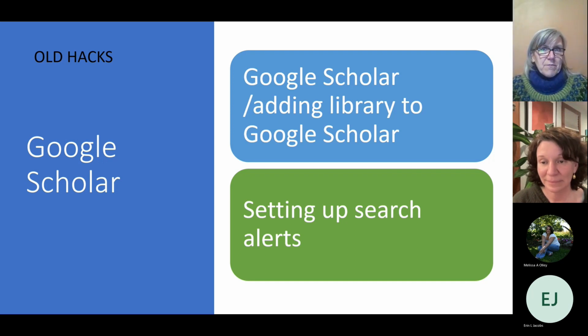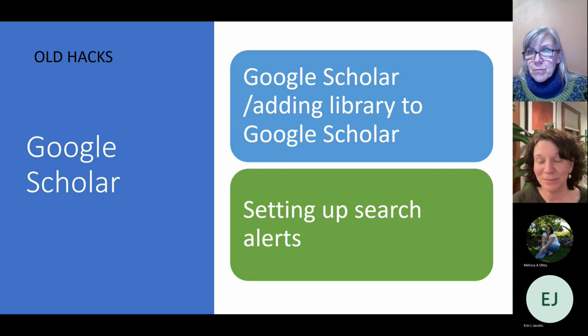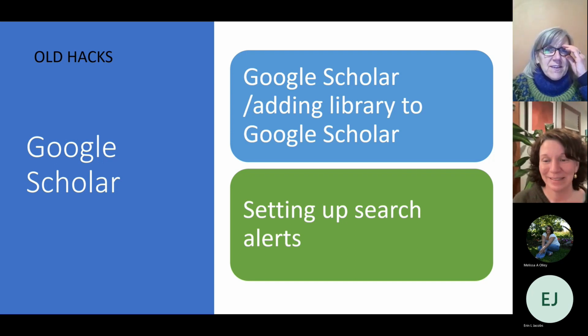What value does that have? And the same with setting up a search alert. Why would that be of value? Yep. Erin says a search alert can inform you of new information. So it'll do the searching for you while you sleep, and then you can just check your email in the morning and you'll be alerted about what you're looking for. Maybe you can demonstrate later in your other hacks related to the library. You could just point it out in your demos.